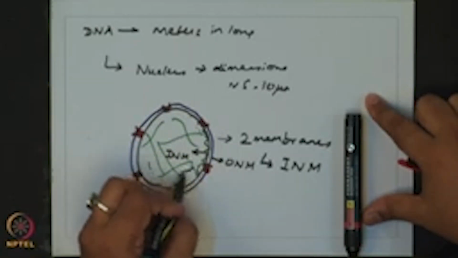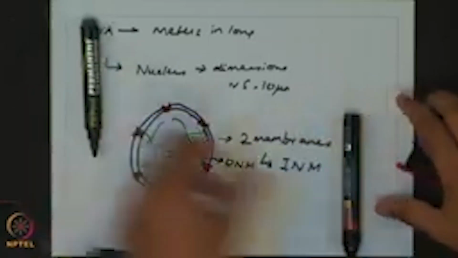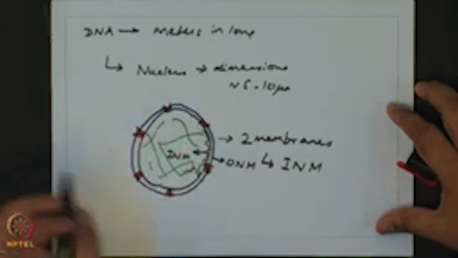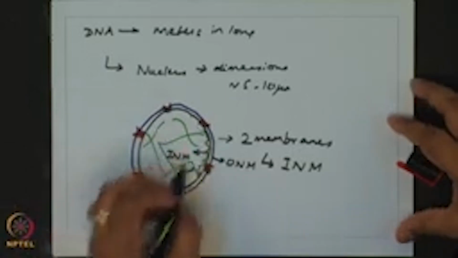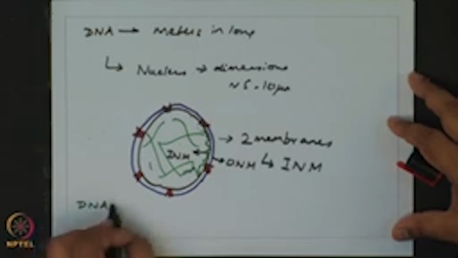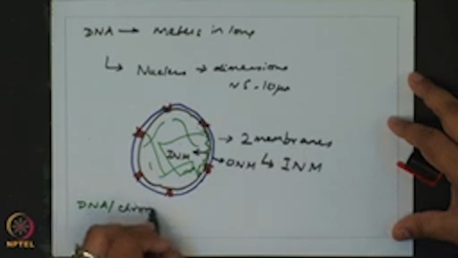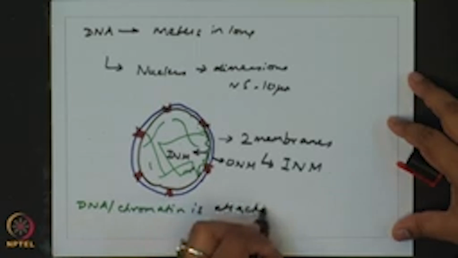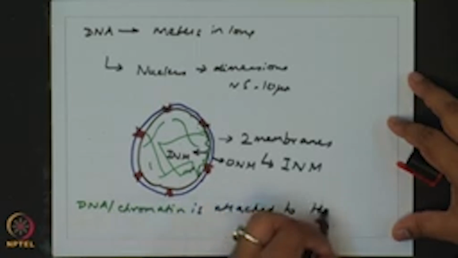So, some portion of the chromosome or the DNA is attached to the inner nuclear membrane. So, you have some portions where the DNA or chromatin is attached to the INM.